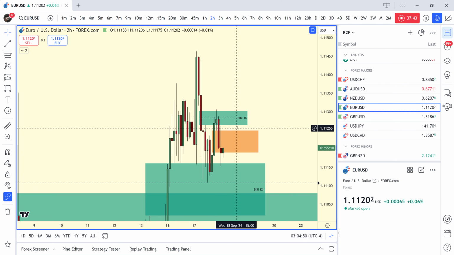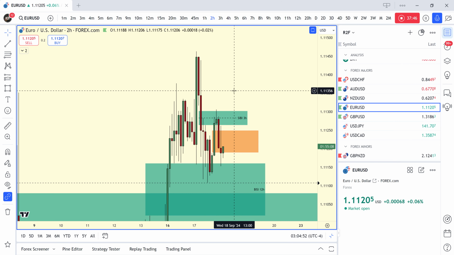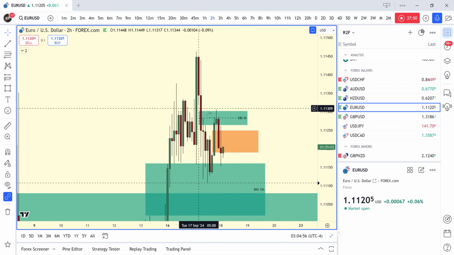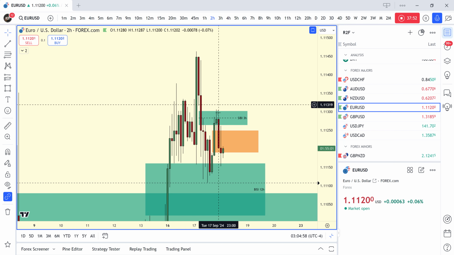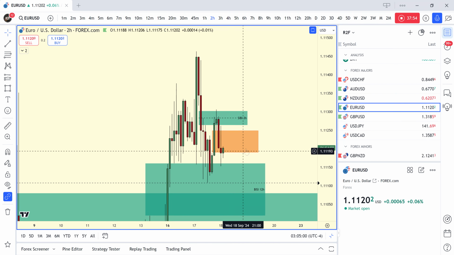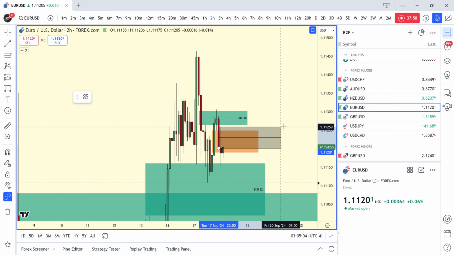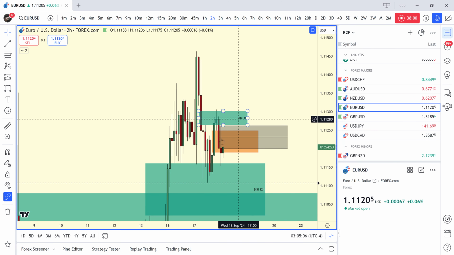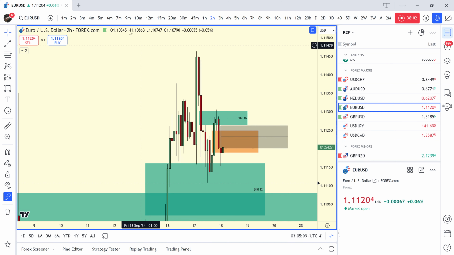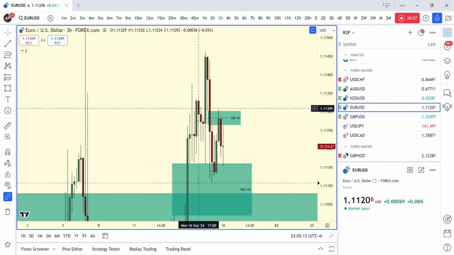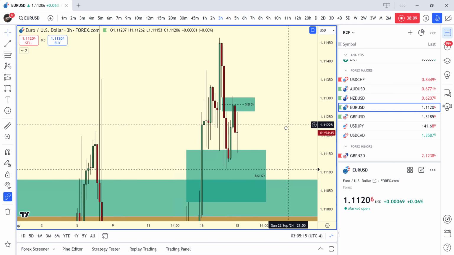Looks like it's tough to say. So we did come into the premium gap, which is a bit higher here, as you can see, and then we came down to discount array. Okay. So let me just take note of this 2 hour here, 2 hour wick. Okay. But on the 3 hour, we also have an inefficiency with a clear breaker.